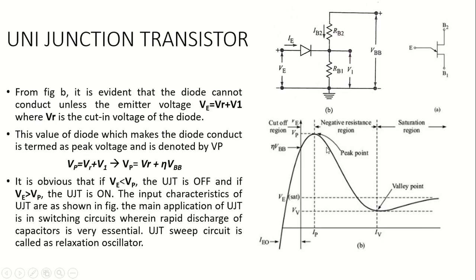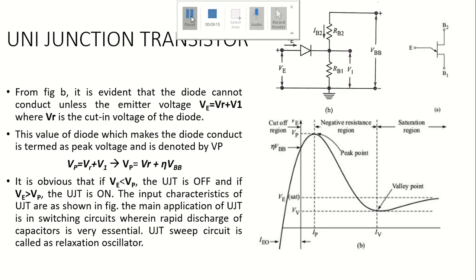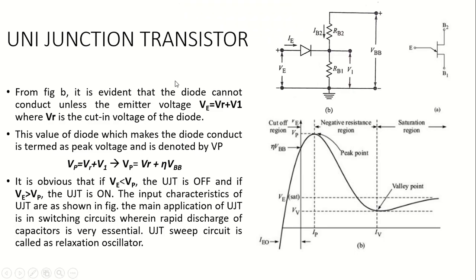When VE is less than this peak voltage, the UJT is completely off, meaning it will be in the cutoff region. And when the emitter voltage crosses the peak voltage VP, then the UJT is on. This is the explanation of the UJT and its characteristics.